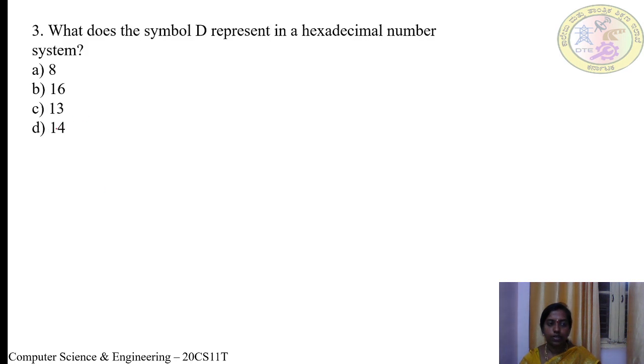Next, second question. Convert 5401 base value A to hexadecimal. Options are A, A01, B, A02, C, B01, D, C01. Answer is C, B01. Third question. What does the symbol D represent in the hexadecimal number system? Options are A, 8, B, 16, C, 13, D, 14. Answer is C, 13.